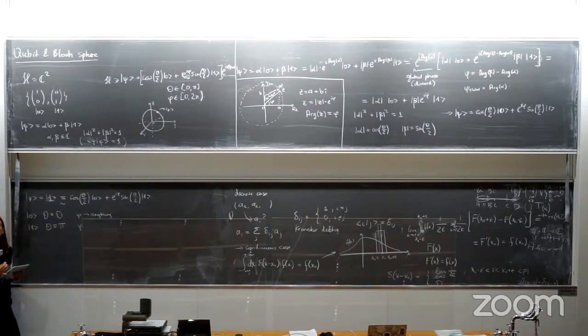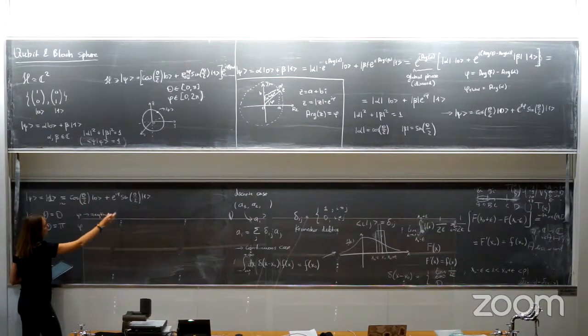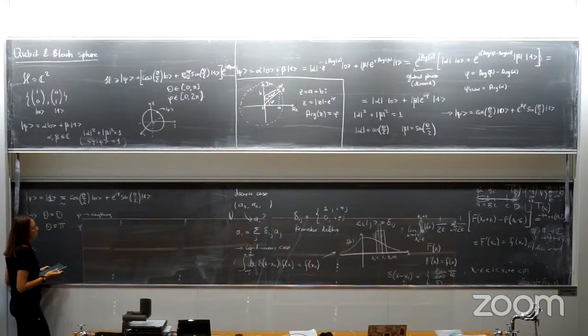Yes. 0, that's correct, but in fact it can be anything, because this is anyway up to a global phase. When theta is pi, the first term disappears and you have e to the power i phi sine theta over 2, 1. Since sine theta over 2 is 1, you just have e to the power i phi 1. But since it's up to the global phase anyway, phi can be anything in this case as well.